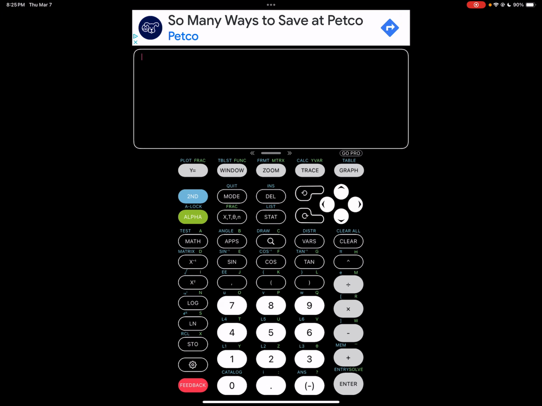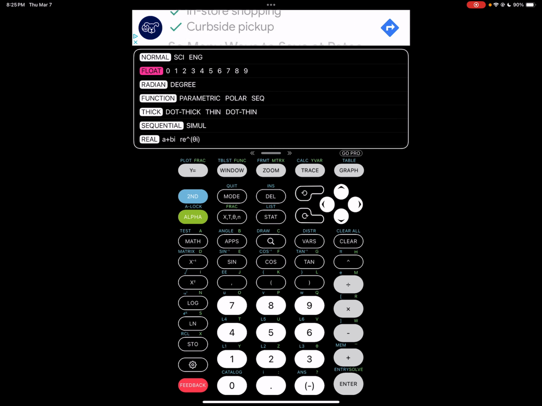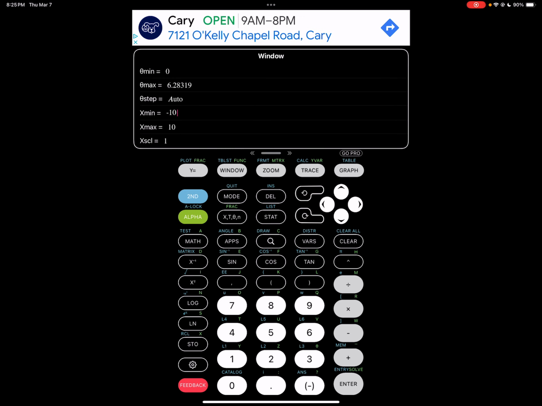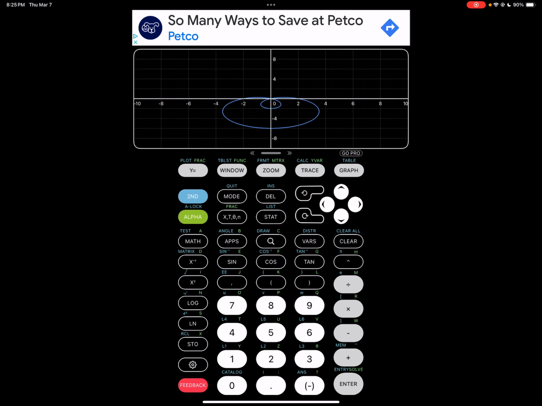So going to my handy-dandy calculator, I want to make sure that my mode is in polar. And I want to type in 2 minus 4 sine of theta. And then I want to graph it from 0 to 2 pi. That's good. Graph. And that's this lovely thing right here, which is very similar to what we had in the figure.